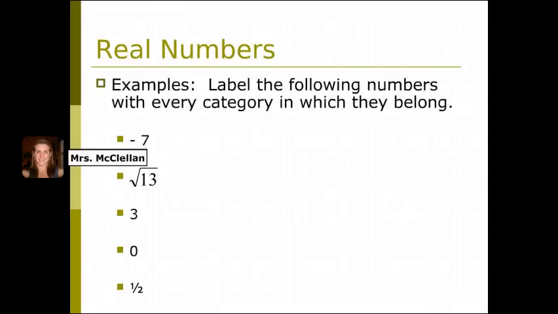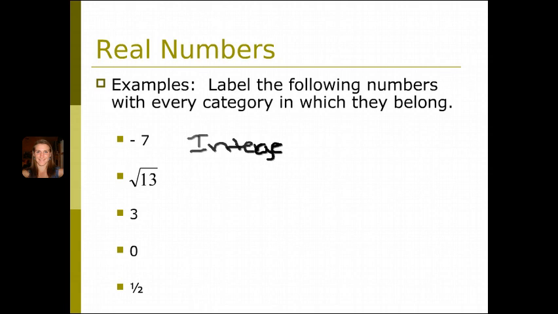All right, so label the following numbers with every category in which they belong. Well, all of these are real numbers, so we're not going to classify them as real numbers. We're going to do the subcategories. Well, -7 is an integer, right? It's the only number that we talked about that is a negative number without a decimal, so that's going to be an integer.